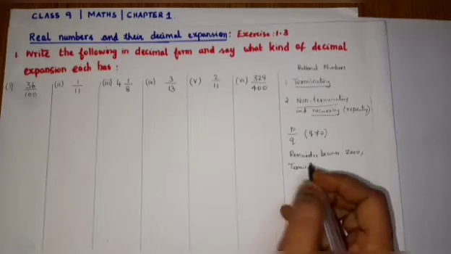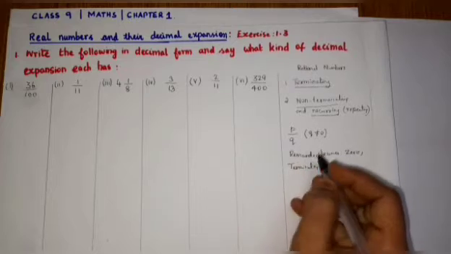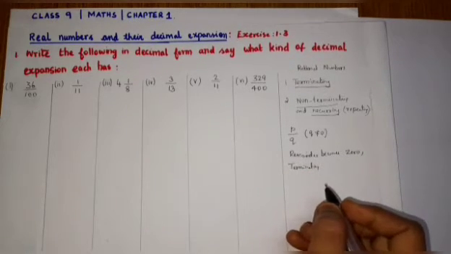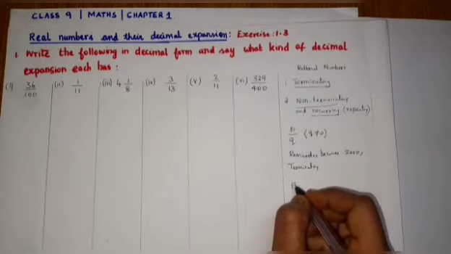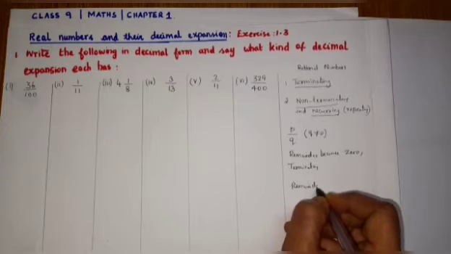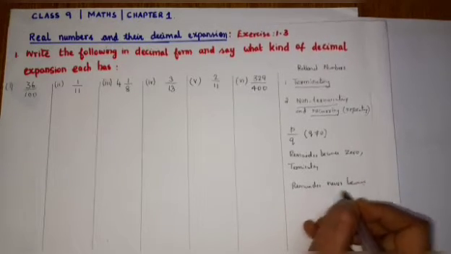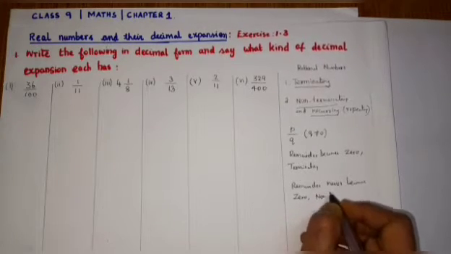If you divide P by Q, if the remainder never becomes 0 and some block of numbers is repeating in the quotient, that number is said to be non-terminating.